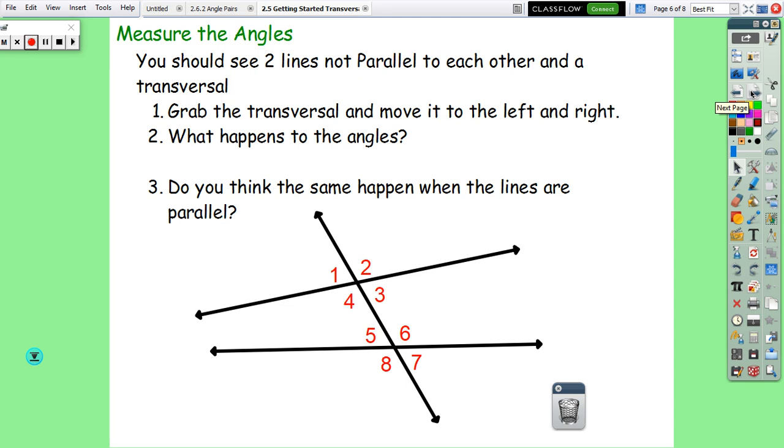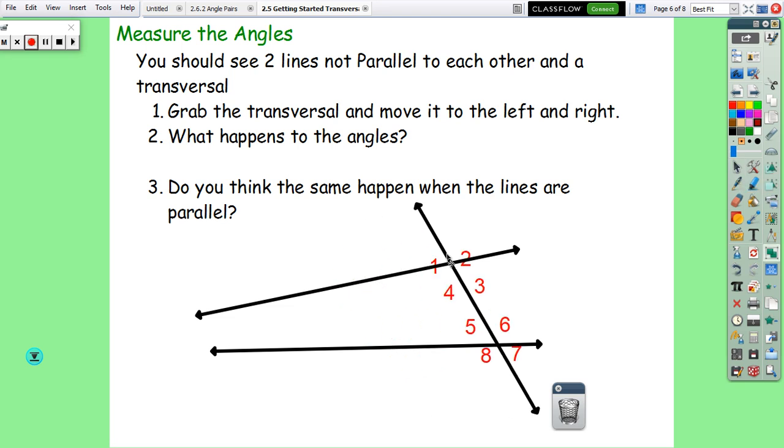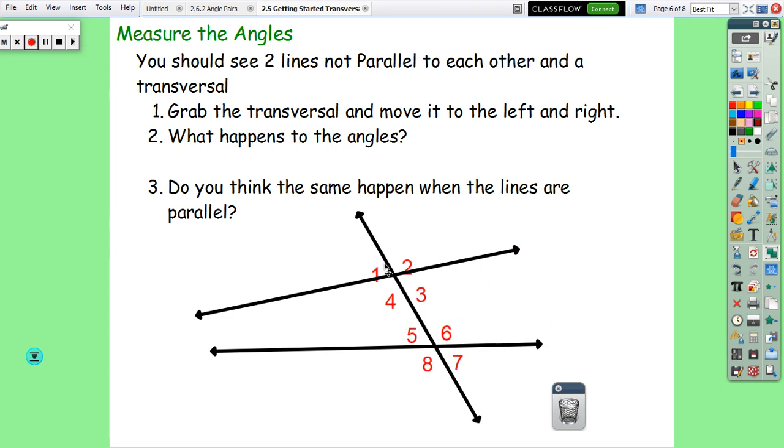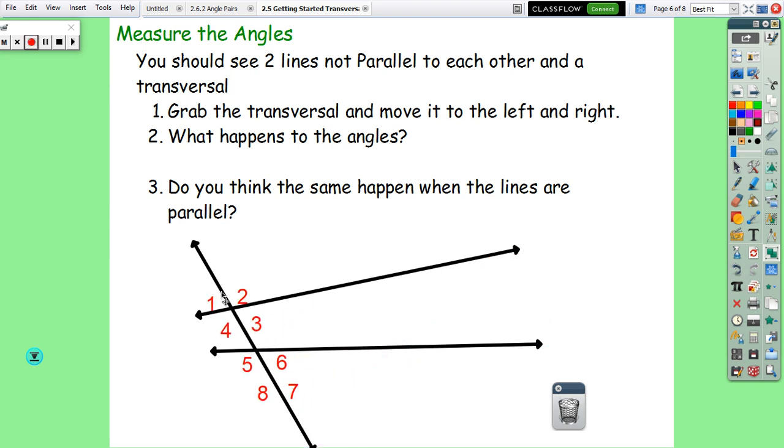So we should see, when we're looking at this drawing, what we should have is two lines that are not parallel to each other and a transversal. So grab your transversal and just kind of slide it back and forth and see what happens to those angles.